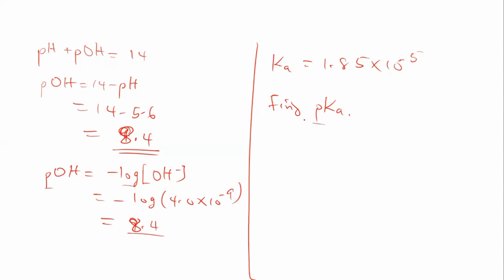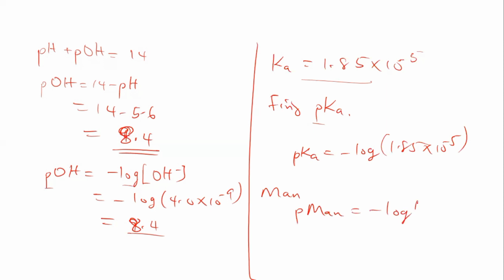So you are given Ka, and you have to calculate pKa. The solution is simply saying that you should take the minus log of Ka. So if you see a man and they say, what is P man? So P man means the minus log of man. All right. So I think that is very simple.